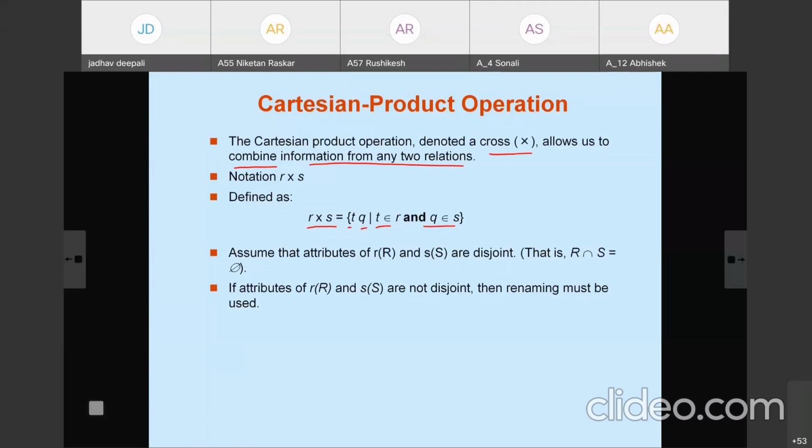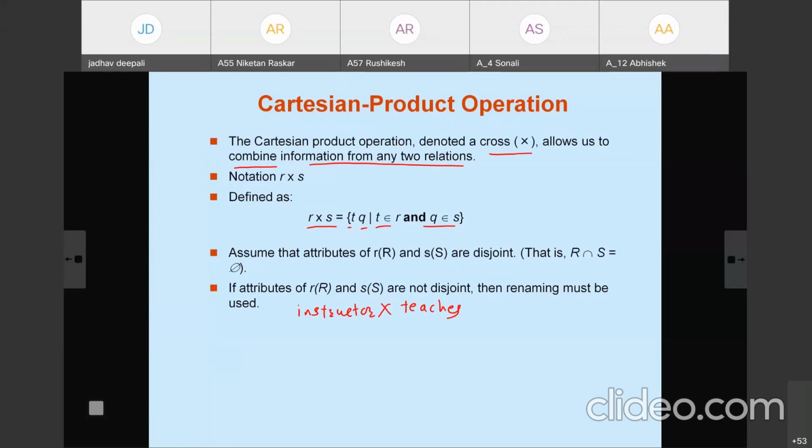Consider two relations: instructor Cartesian product teaches. It combines all the tuples of instructor with all the tuples of teaches.